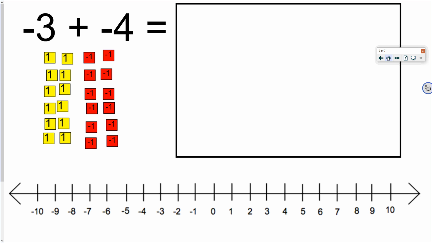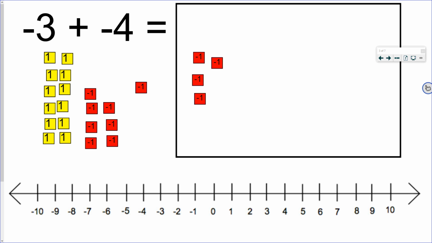Now, all we have are negative integers. We have a negative 3 plus a negative 4. So, drag those over. So you have 3 negatives plus 4 more negatives.